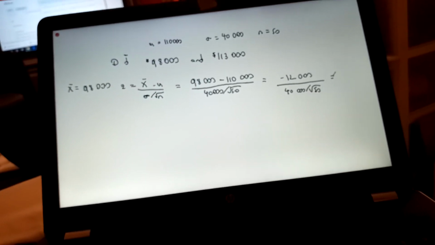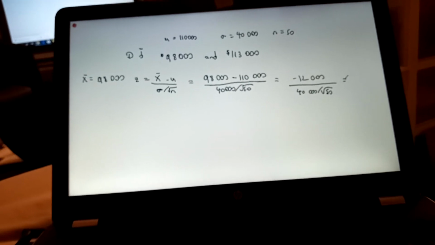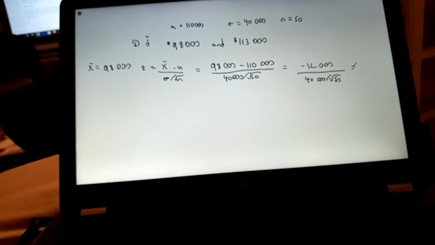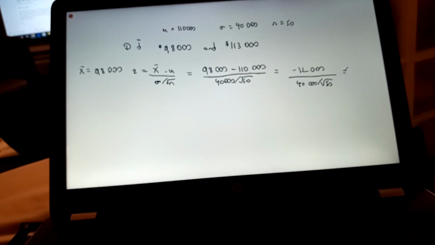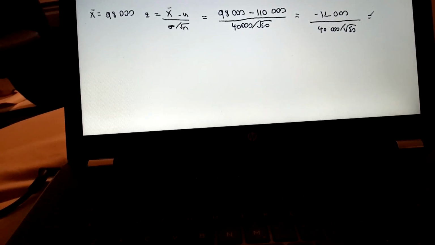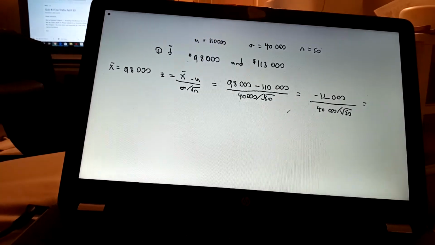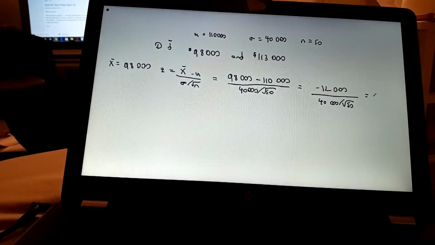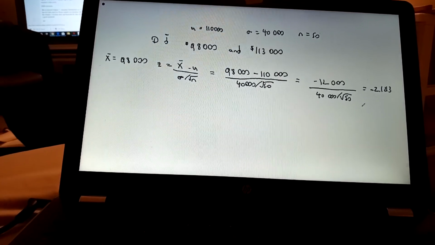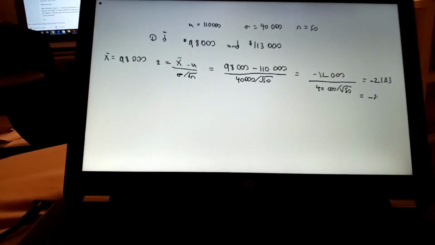So everyone go in their calculator, type in minus 12,000, hit divide, hit bracket, hit 40,000, hit divide, hit square root, hit 50, and then end the bracket, and then hit equals. So you get minus 2.1213.